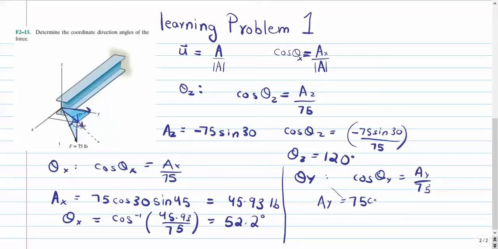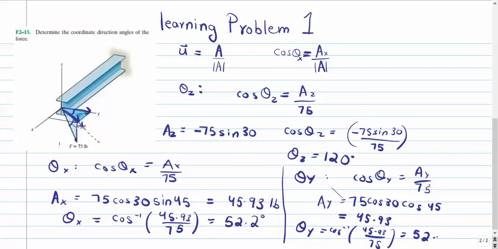Now that we have this length right here, we will simply do cos of 45 to get this length using this right angle triangle. The answer that we get is 45.93. Substituting this into the formula, we get theta y is equal to cos inverse of 45.93 over 75, and this gives us 52.2 degrees. So this is how we find the angles that the vector makes with each axis.